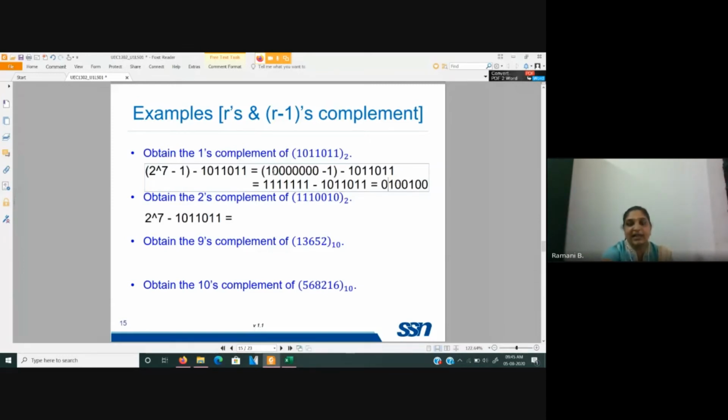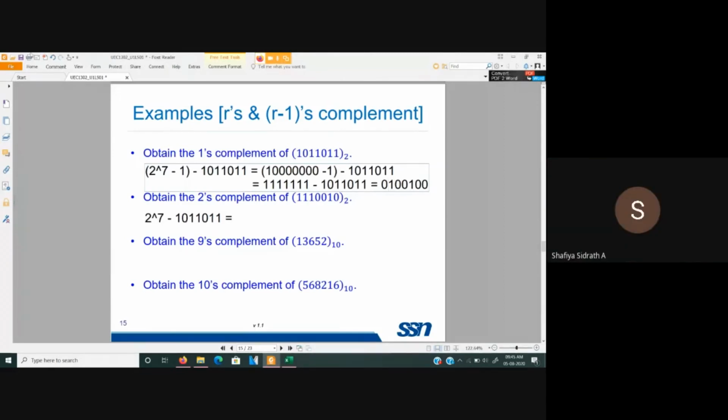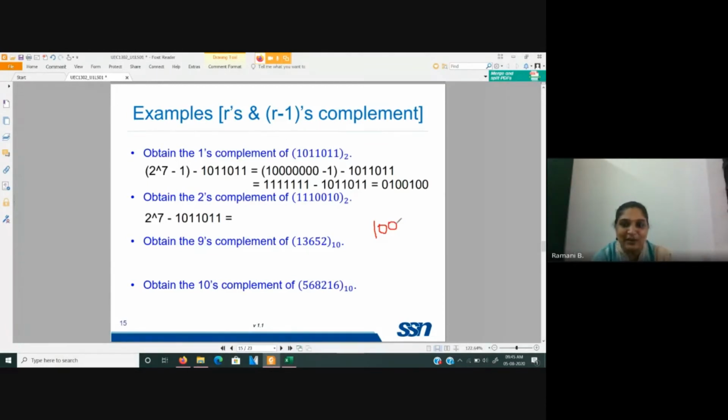You are taking from there and you will be borrowing it till the least significant bit. For example, in decimal, if you are doing just 100 minus 1, if you do it in decimal, what happens?